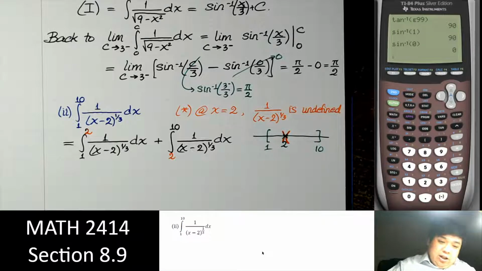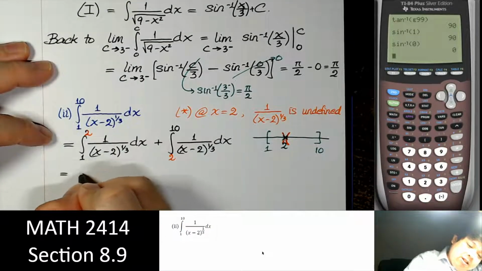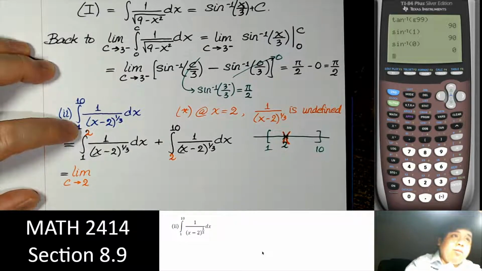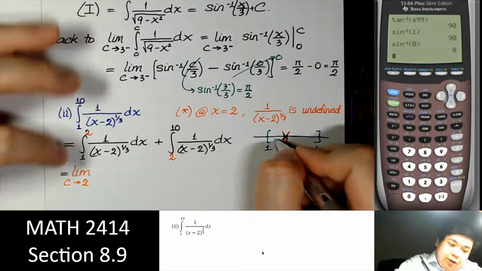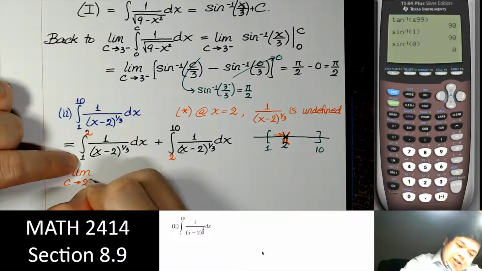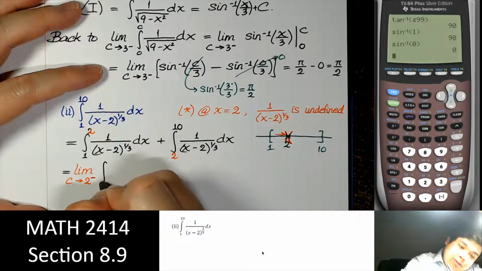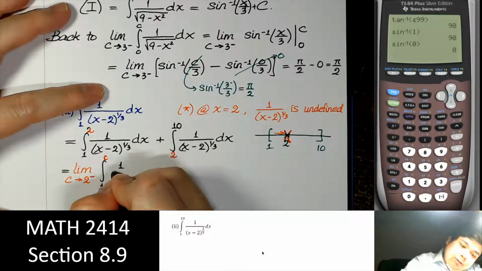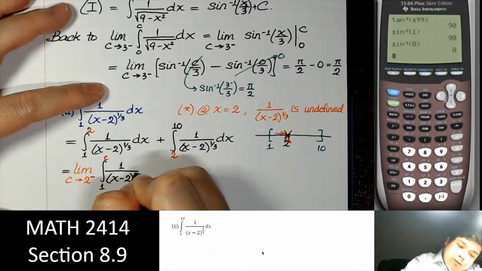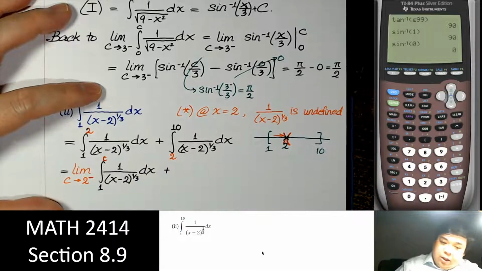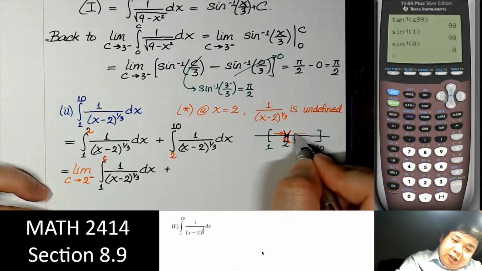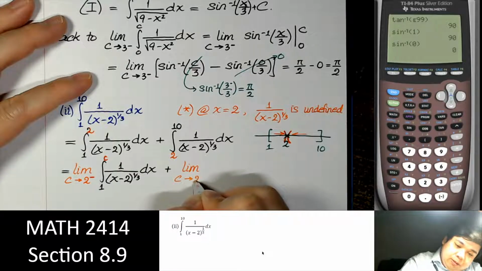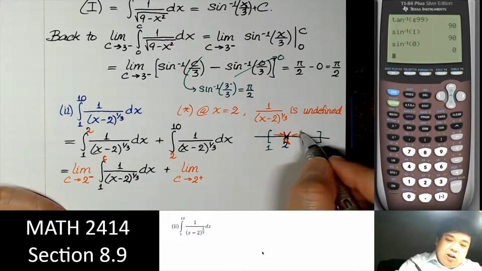So we have to rewrite this, taking care of that limit, from 1 going to 2 from the left, and from 2 to 10, which is on the right side of 2.